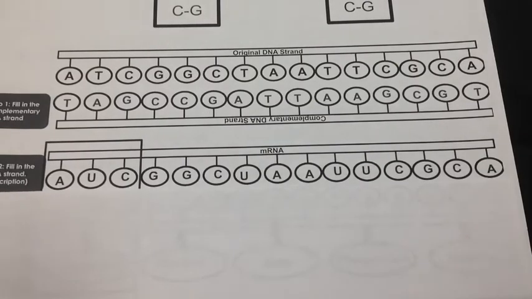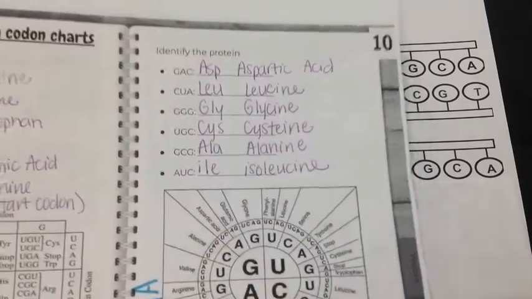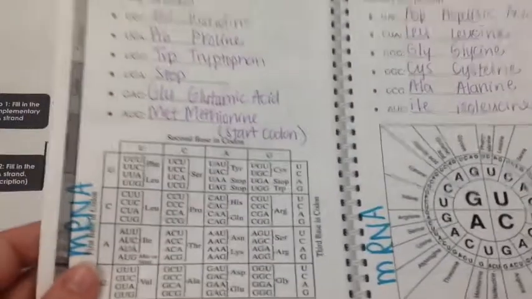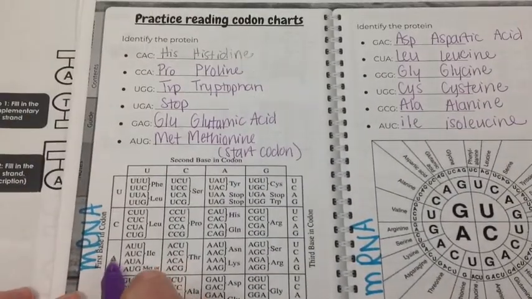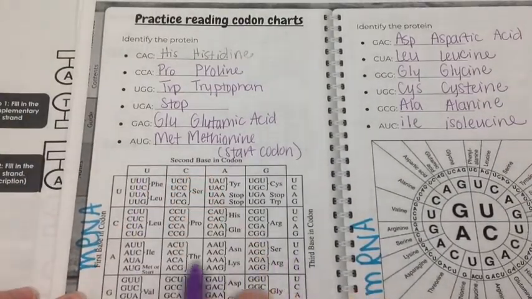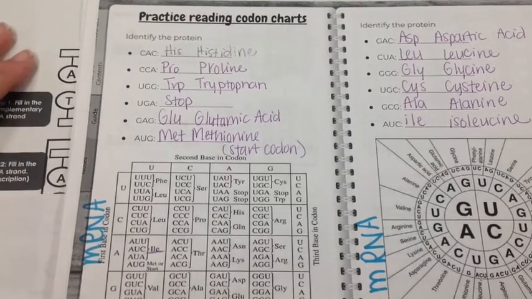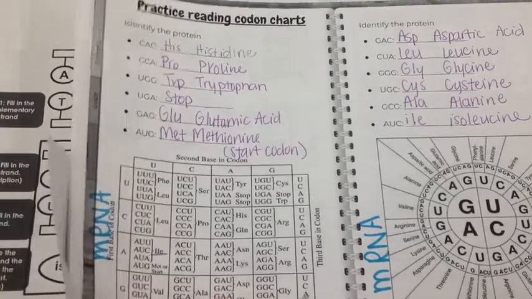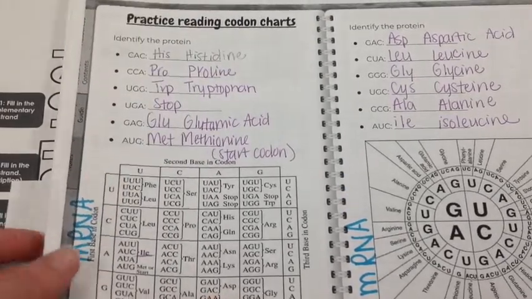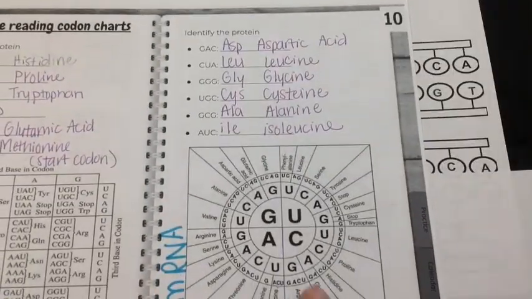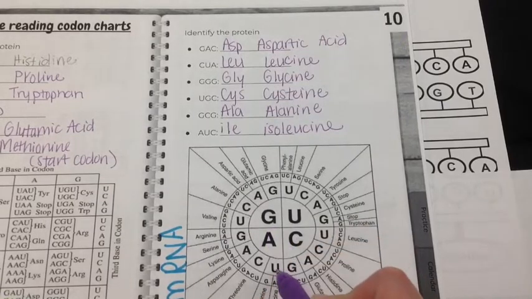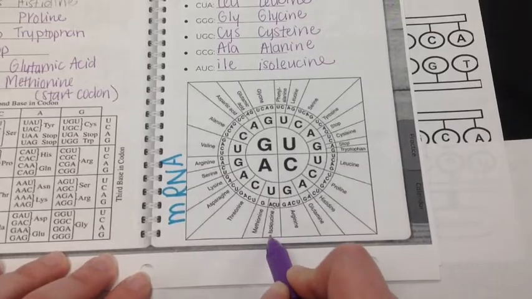My first 3 letters, A, U, C. You can use the circle or the square; either one will do. I'll show you on the square. A, U, C is ILE, which stands for isoleucine. On the circle, A, U, C, isoleucine, same one.